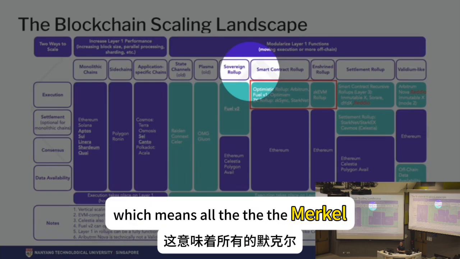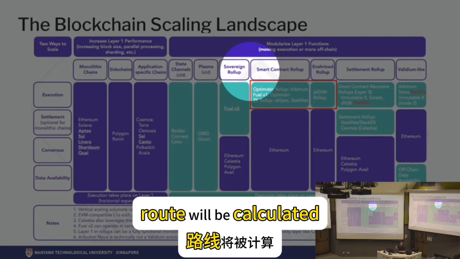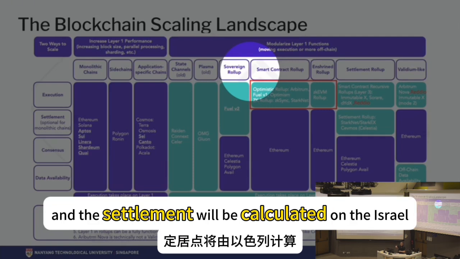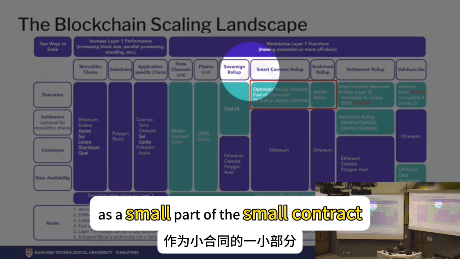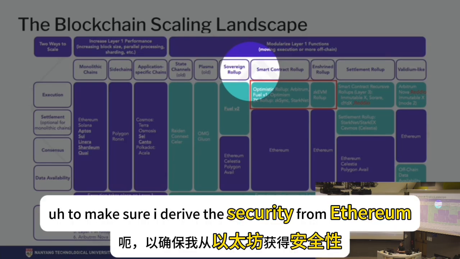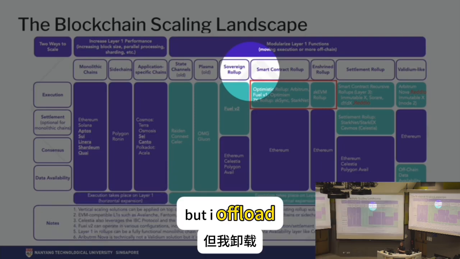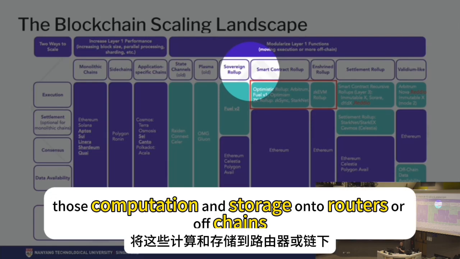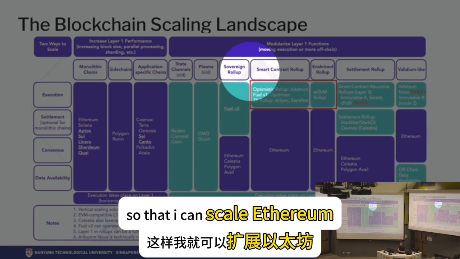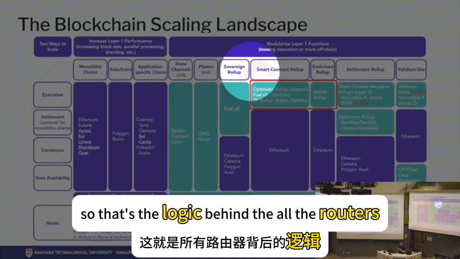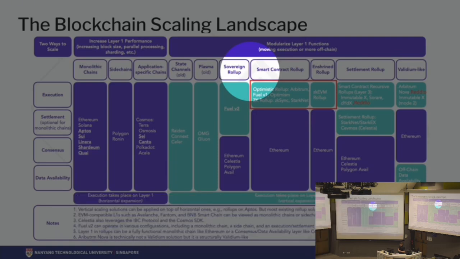The settlement, which means all the Merkle roots will be calculated, and the settlement will be done on Ethereum as a part of the smart contract, to make sure I derive the security from Ethereum, but I offload the computation and storage onto rollups or off-chain so that I can scale Ethereum. That's the logic behind all the rollups.